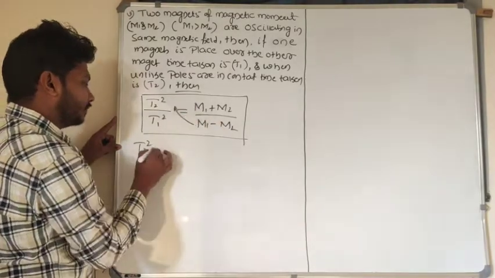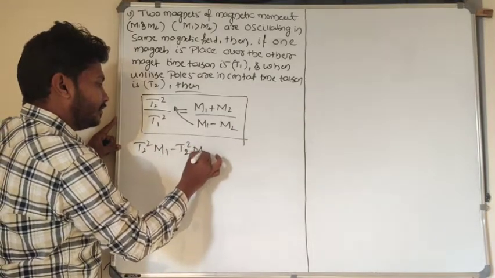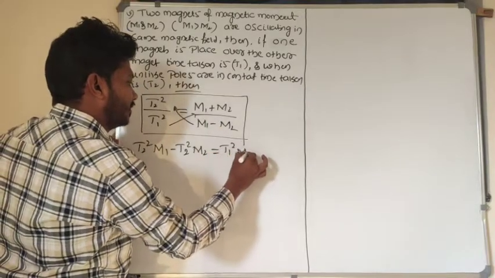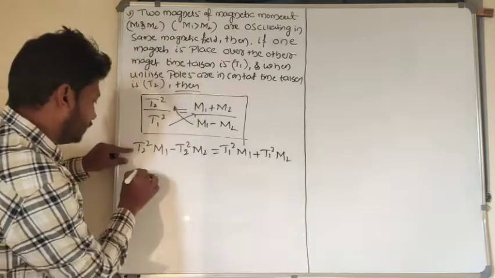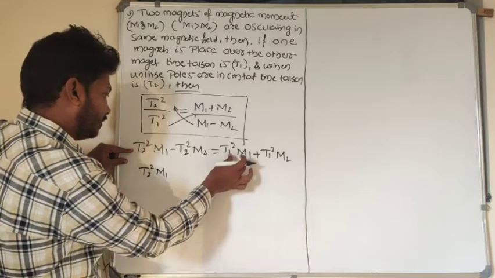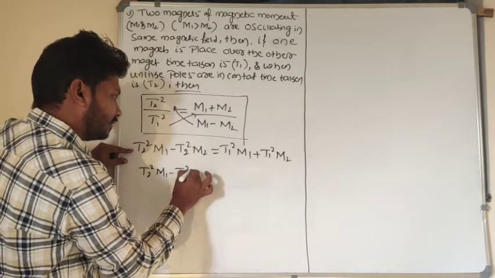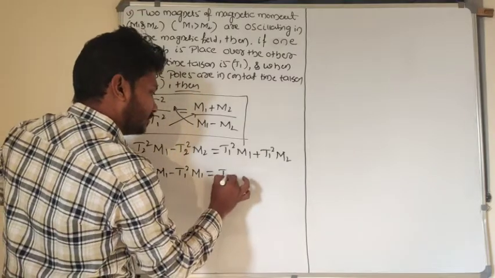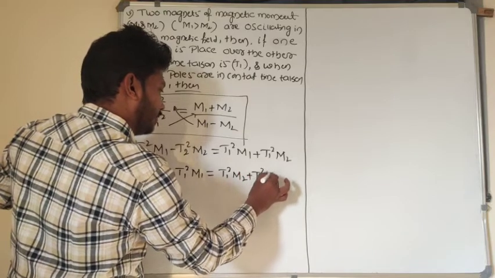t2 square into m1 minus t2 square into m2 is equal to t1 square into m1 plus t1 square into m2. We'll take out t2 square into m1 and t1 square into m1 on the right side, and the other terms as they are: t1 square into m2 plus t2 square into m2.